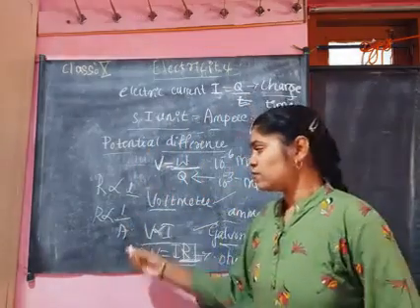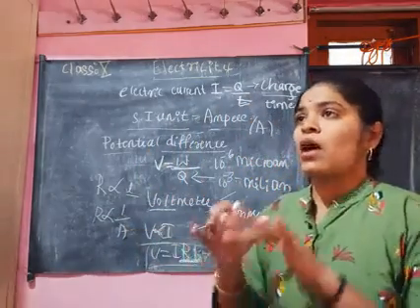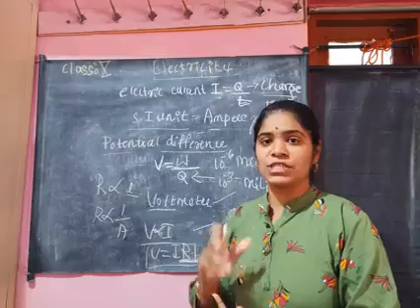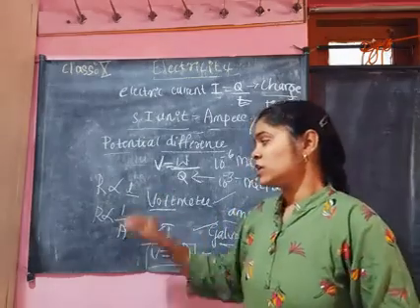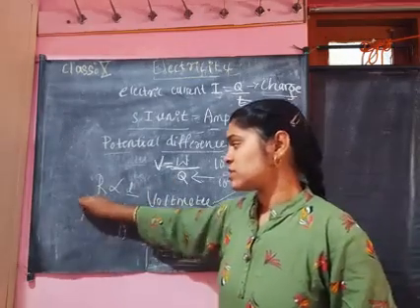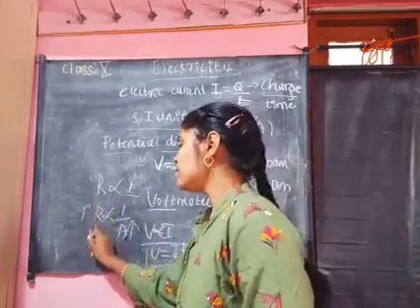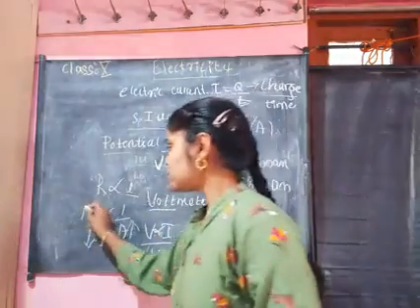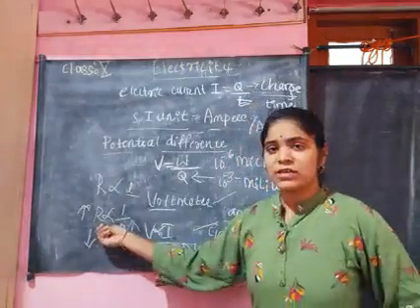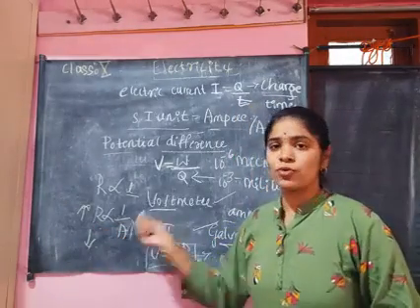If the area considered in the electrical circuit is less, then the resistance is more. If the area is more, then the resistance is less. So we say that resistance is inversely proportional to area.